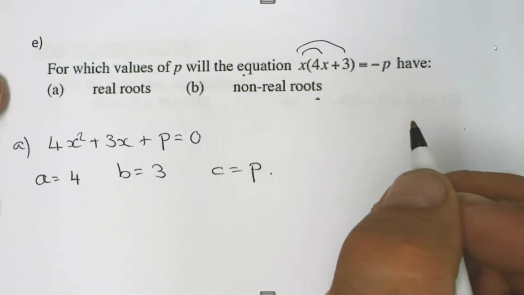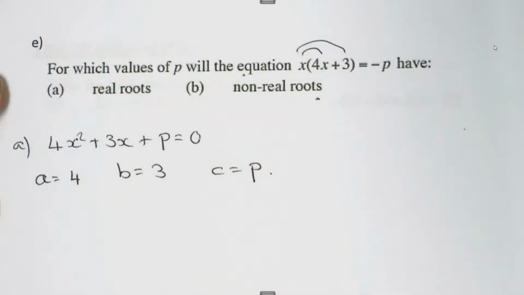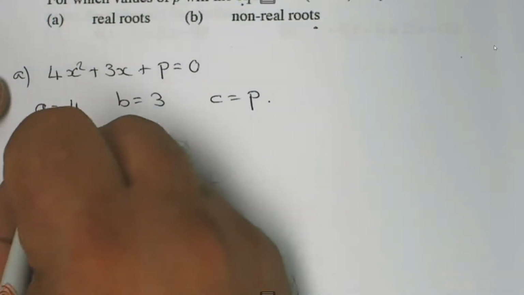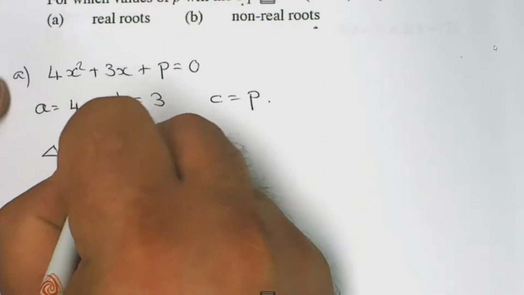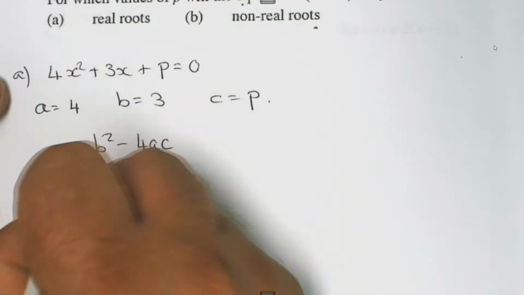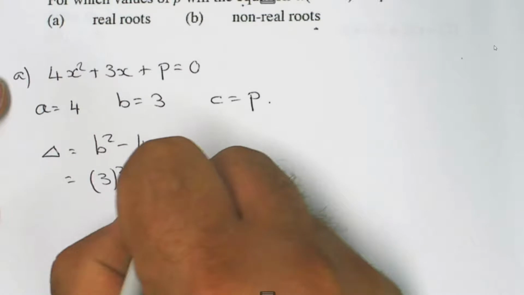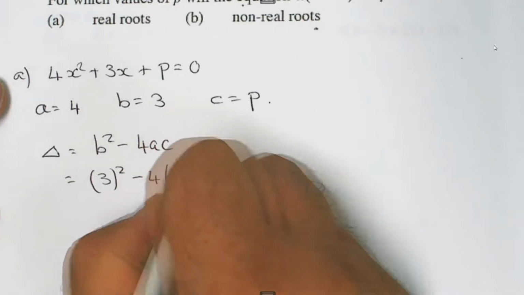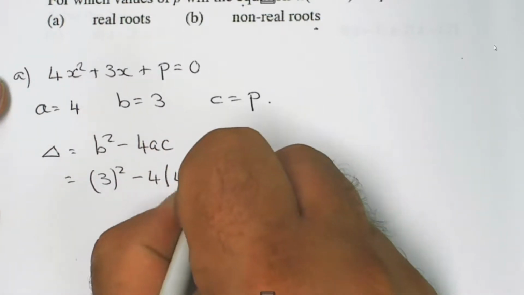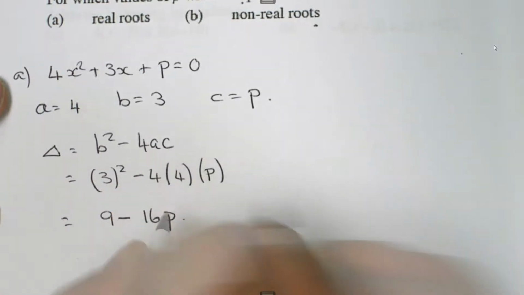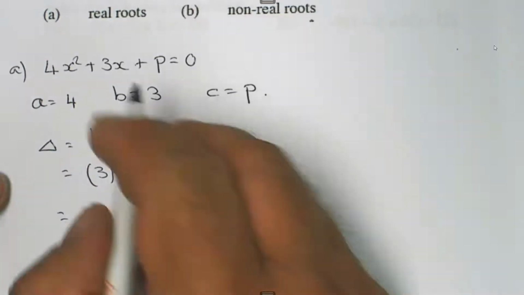So for real roots, delta must be greater or equal to 0. So delta is equal to b squared minus 4ac. So it's equal to 3 squared minus 4 times a, which is 4, times c, which is p, which is equal to 9 minus 16p. So when will it be real roots?